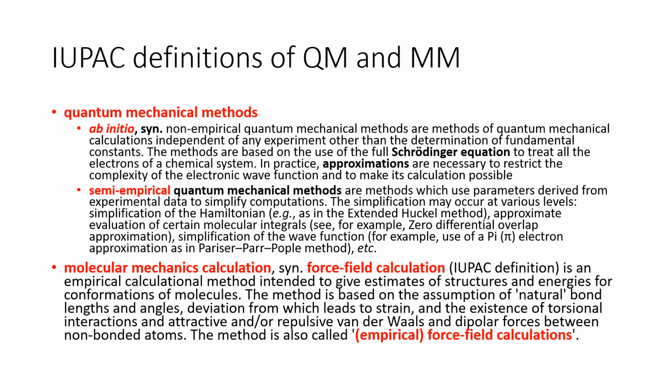These are non-empirical quantum mechanical methods, independent of any experiment other than the determination of fundamental constants. The methods are based on the use of the full Schrödinger equation to treat all the electrons of a chemical system. In practice, approximations are necessary to restrict the complexity of the electronic wave function and to make its calculation possible.